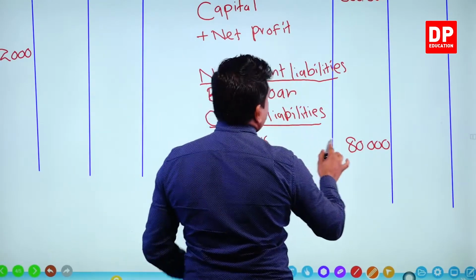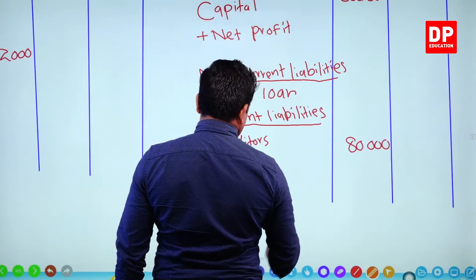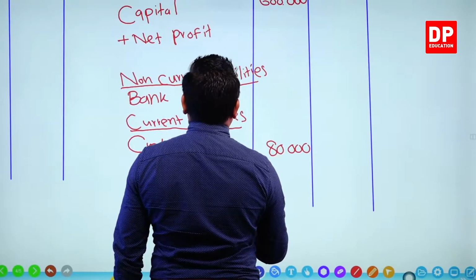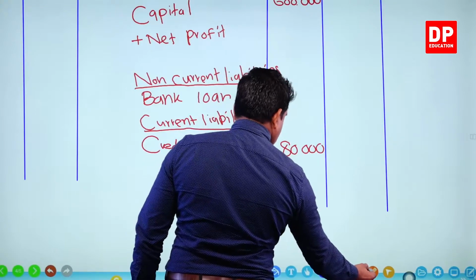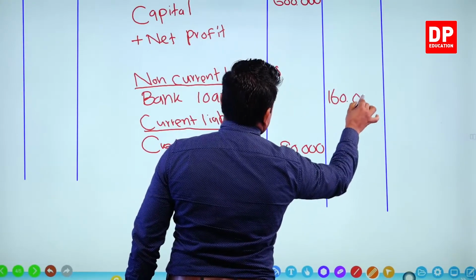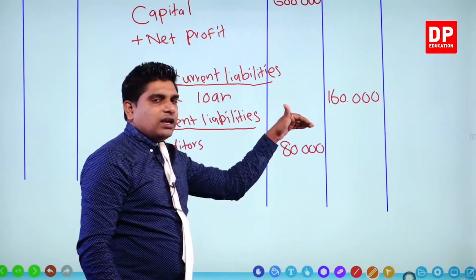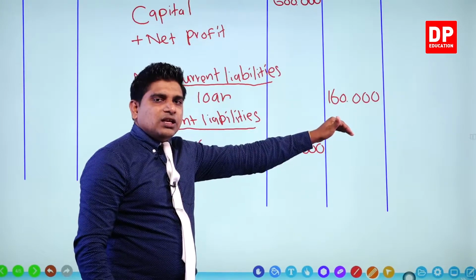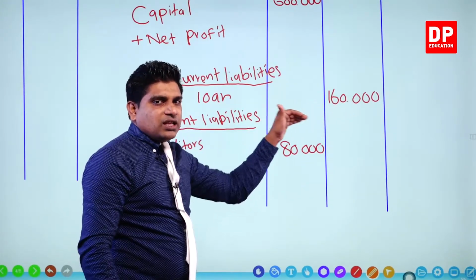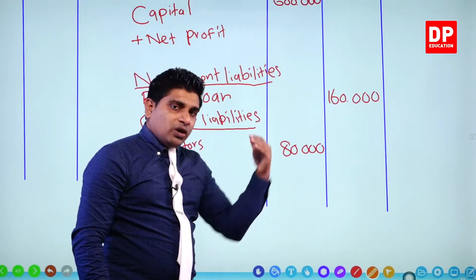Only one item, no? So it goes to the corner column, right? 160,000. If you want, you can put the same value here, but after that you draw a line under that, then you can bring the same value to the second column. This is very easy, only because only one item we can put directly to the corner column, right?